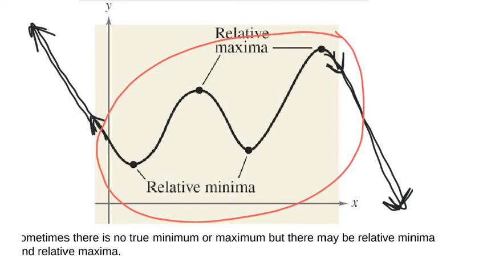What's the relative minimum of this area? This would be a relative maximum, this would be a relative maximum, this would be a relative minimum, and this would be a relative minimum. It's not the actual true minimum, but of this area, of this chunk, those would be relative maximums and minimums.